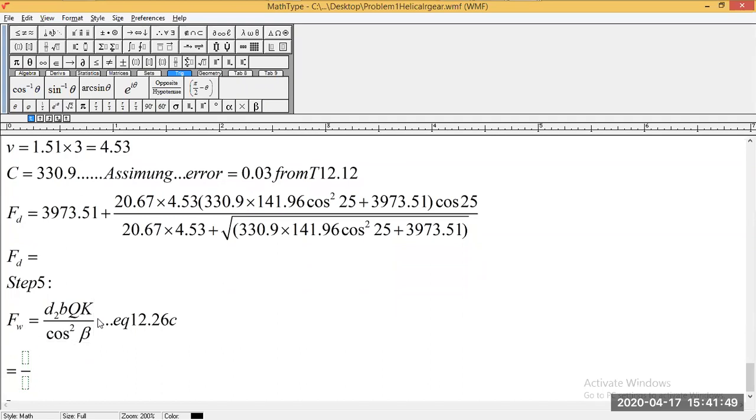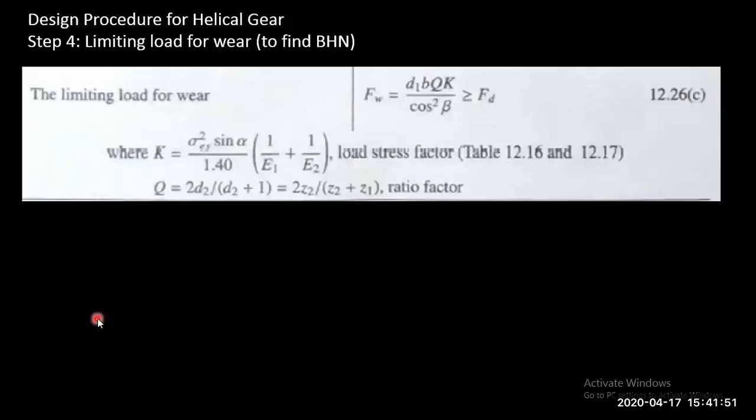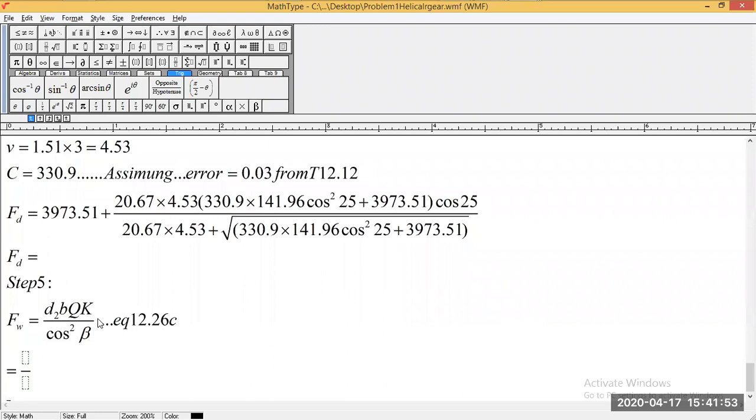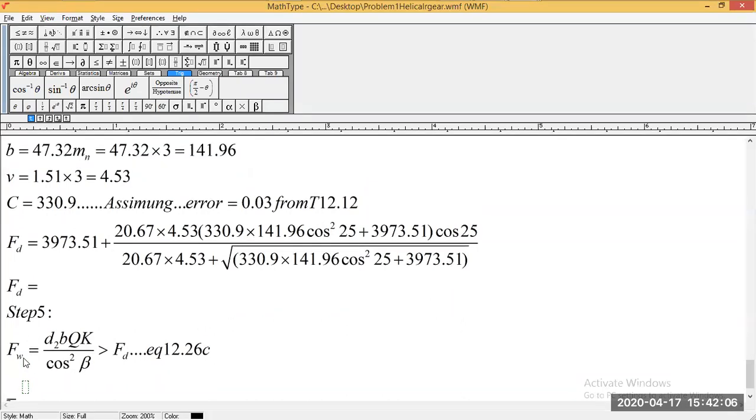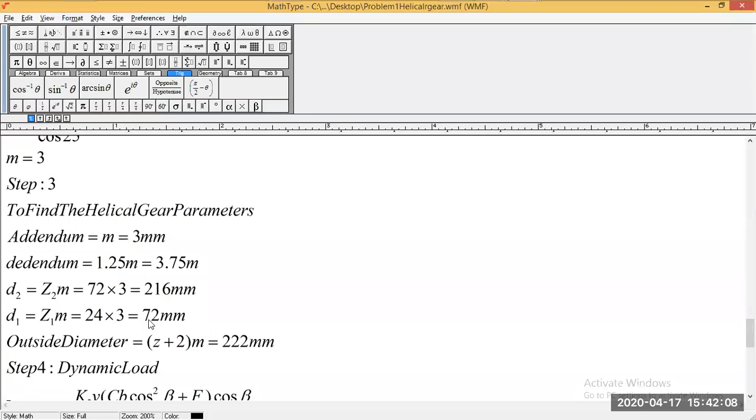we need to complete this. This should be greater than or equal to FD. We'll use the same thing. So D2 is this 72.